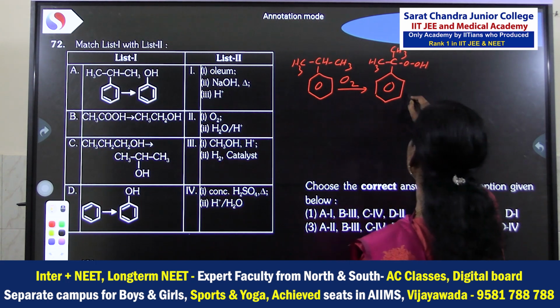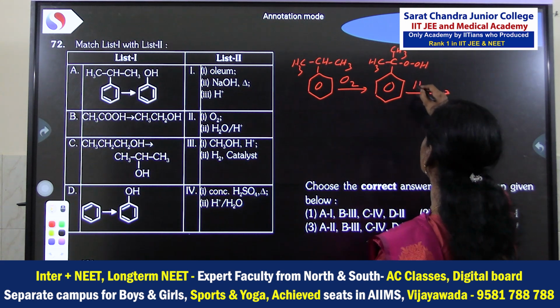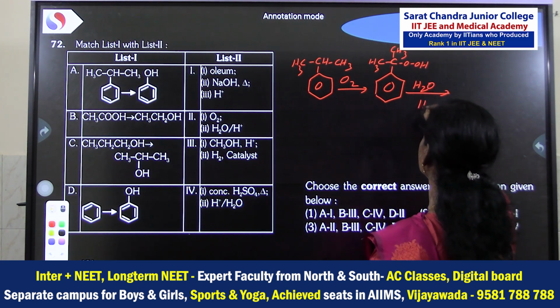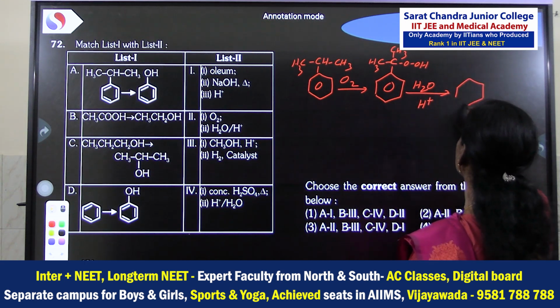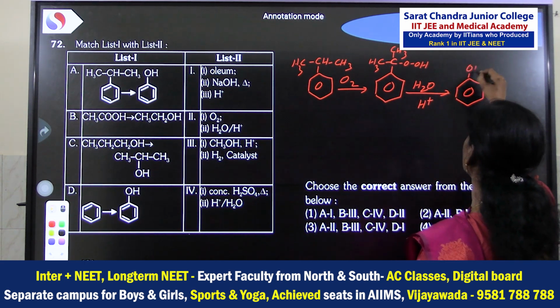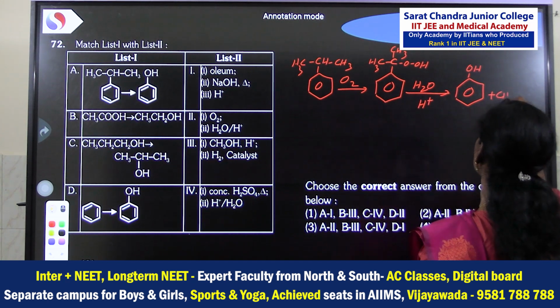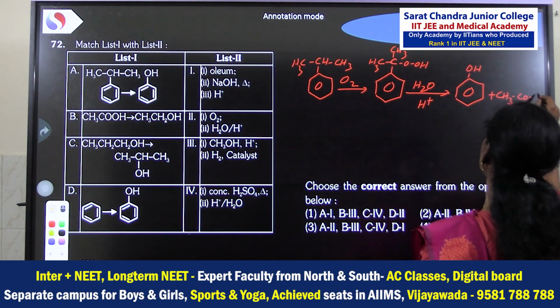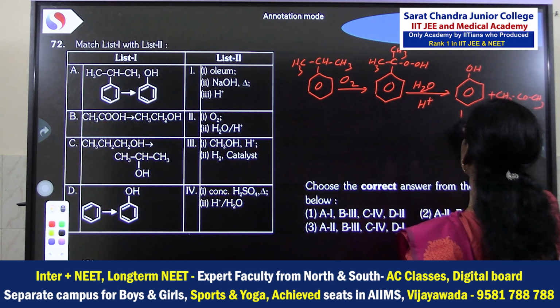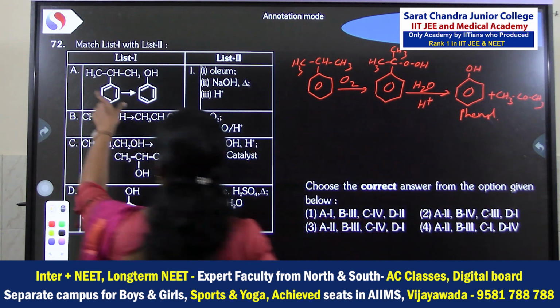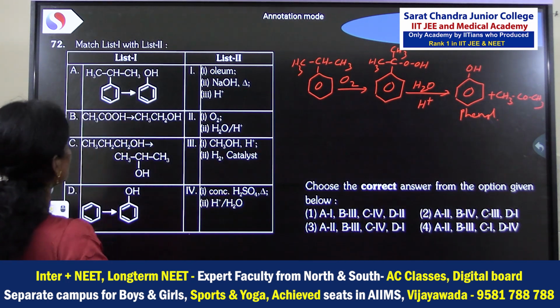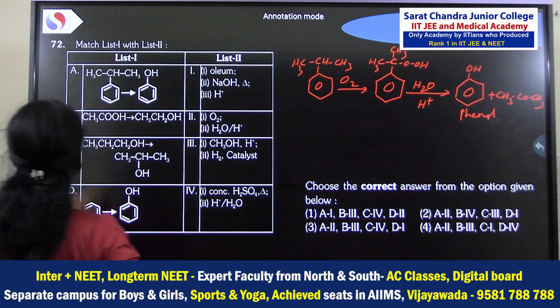And this cumene hydroperoxide on hydrolysis in the presence of acid is converted to phenol and the byproduct is acetone, CH3COCH3. So our required main product is phenol. Therefore, for A, the correct option is the second one.